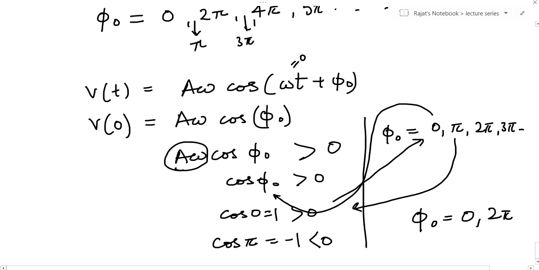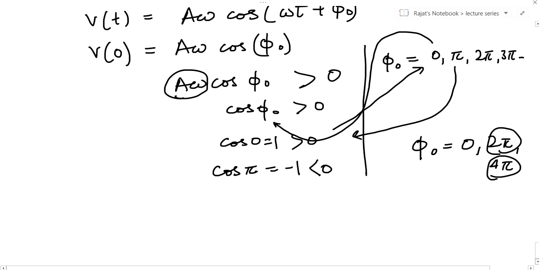2 pi will also satisfy, 4 pi will also satisfy, but 2 pi is nothing but the next cycle of the cos wave, basically the time after one time period, which is repeating the function. So we will not put 2 pi or 4 pi, we'll stick with 0.